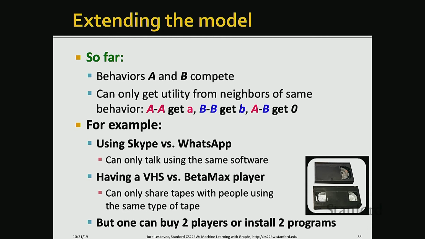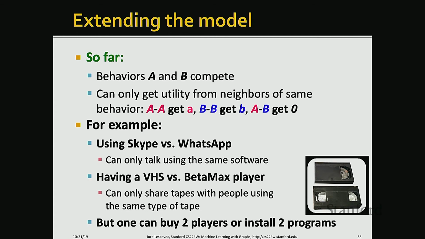For instance, in the case of communication software, you can decide to install Skype, WhatsApp, or all the other 100 messaging systems that come on mobile phones today. And this only comes with a small hindrance of possibly using more memory on your phone. So it's seen very often that people use multiple apps.